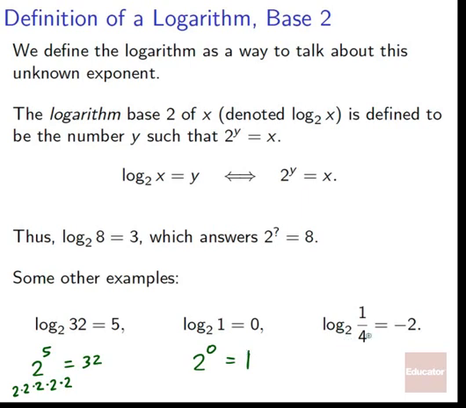Log base 2 of 1/4 equals -2 because if we raise 2 to the -2, then that's the same thing as 1/2 raised to the 2, right? We flip to the reciprocal, and 1/2 squared becomes 1/4, which is what we initially started with. So a logarithm is a way of figuring out what you would have to raise some base to get the thing you took the logarithm of.